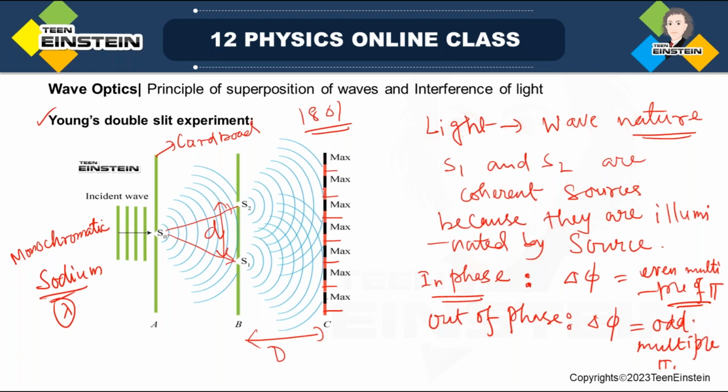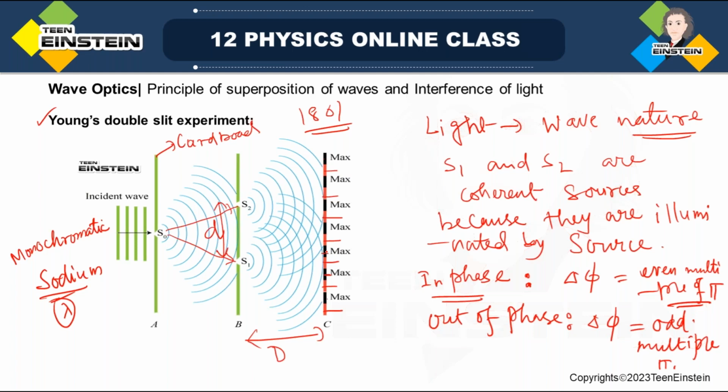The width of the fringe: if we take the separation between consecutive fringes, that gives the fringe width.